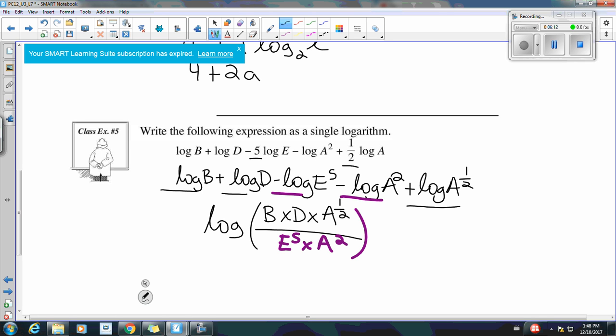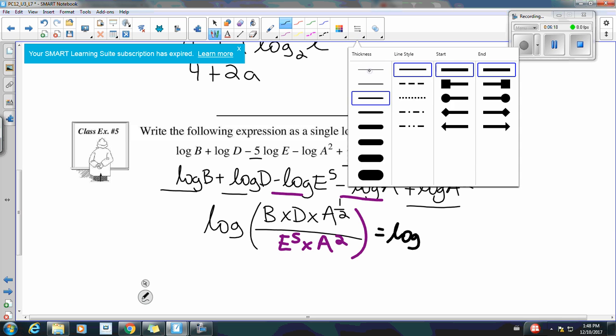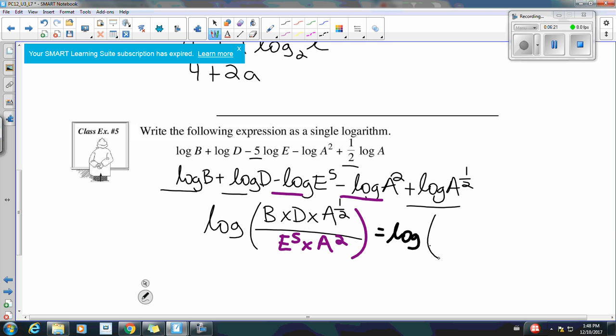And now, to simplify our exponents, b and d stay up here. This is going to leave me with a to the 3/2 on the bottom, subtracting the exponents, and e to the 5. We usually write these in alphabetical order once you're doing this, but it really doesn't matter.